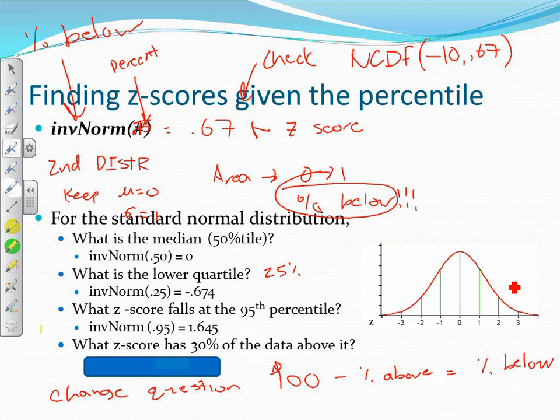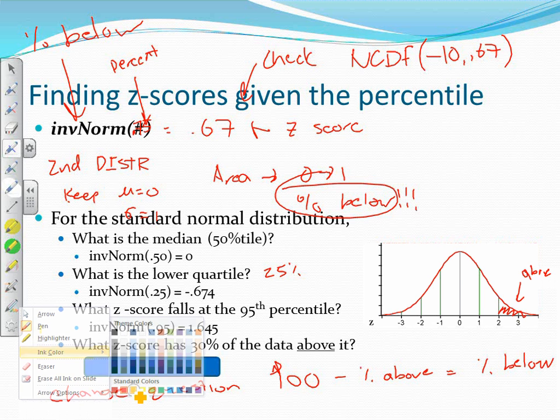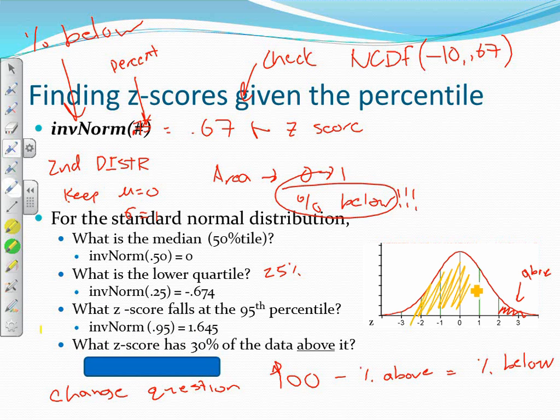So Mr. Englander said, okay, 30% above is the same as 70% below. And we figure out that we get a z-score of 0.524.